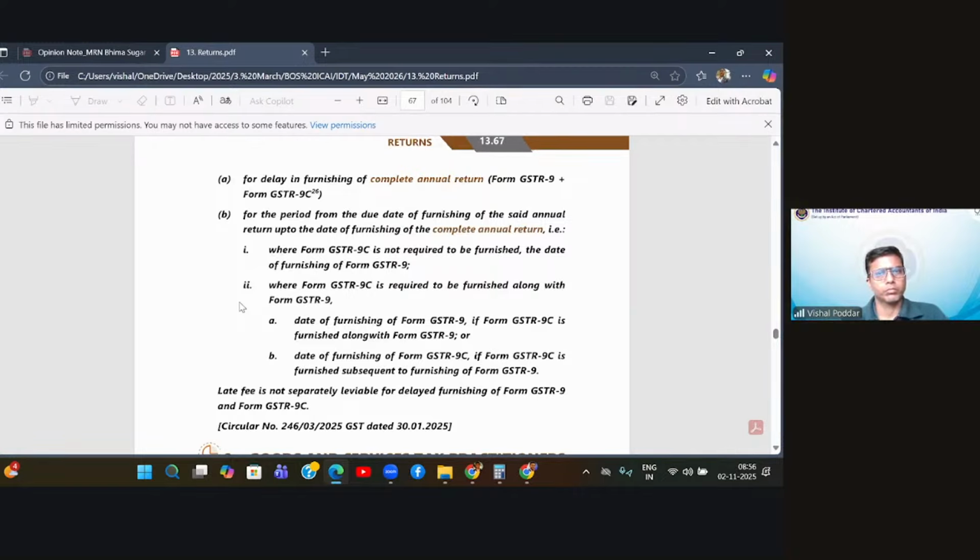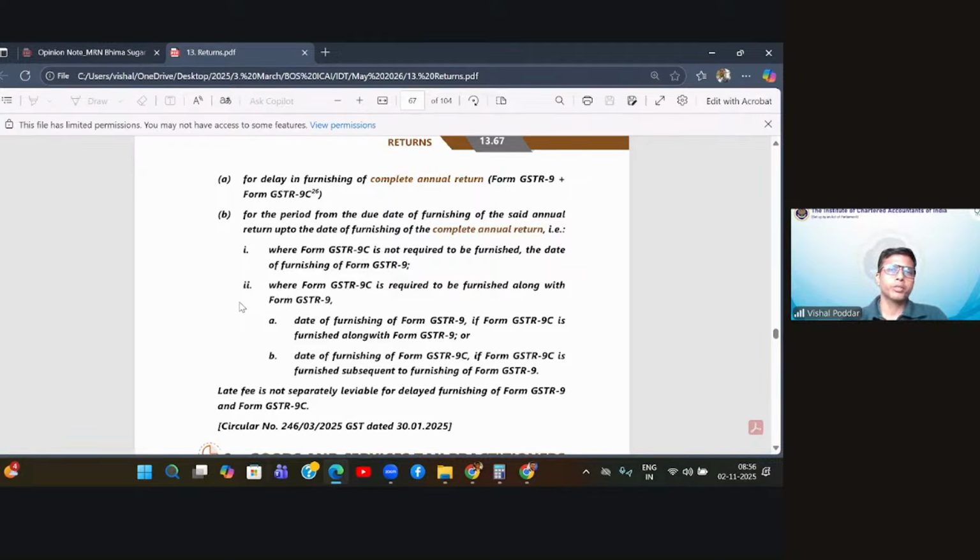Where Form GSTR 9C is required to be furnished along with Form GSTR 9, the date of furnishing of Form GSTR 9 if Form GSTR 9C is furnished along with it, or the date of furnishing Form GSTR 9C if it is furnished subsequent to furnishing of Form GSTR 9. Late fee is not separately leviable for delayed furnishing of GSTR 9 and Form GSTR 9C.